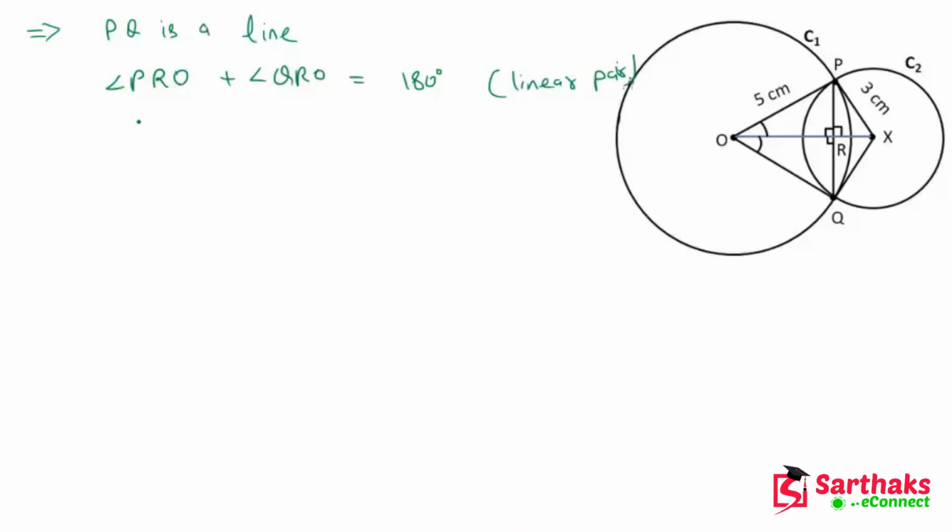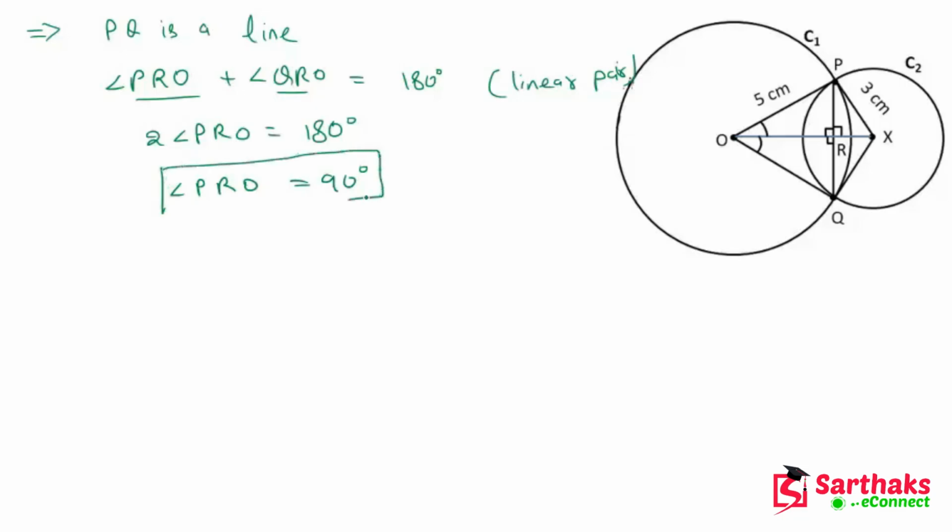Okay, and we know that these two angles are equal, so we can write twice angle PRO is equal to 180 degrees. So we get angle PRO is equal to 90 degrees.